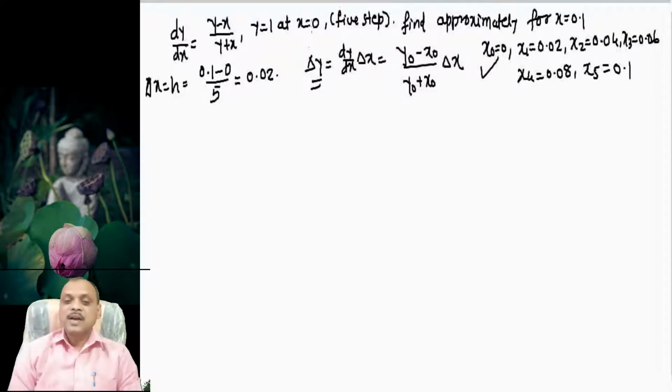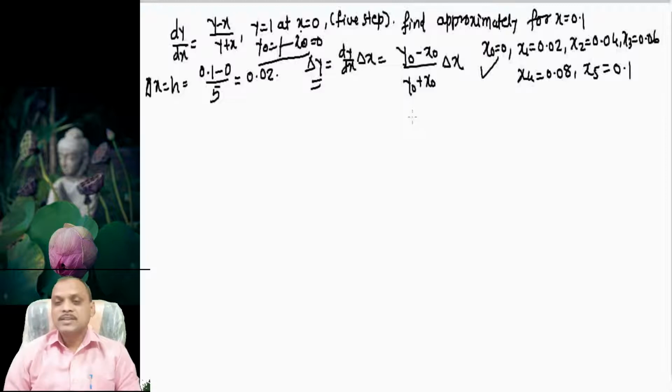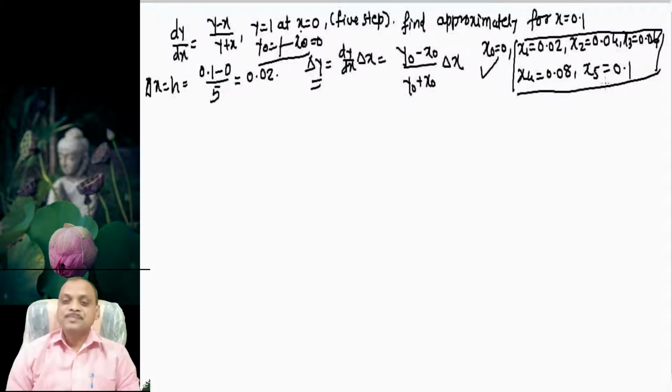At the initial value x0, the value of y is 1, so we consider it as 1. To initiate Euler's method we need these initial values, x0 and y0, and we find the 5 steps, up to the point x5, which will be 0.1.